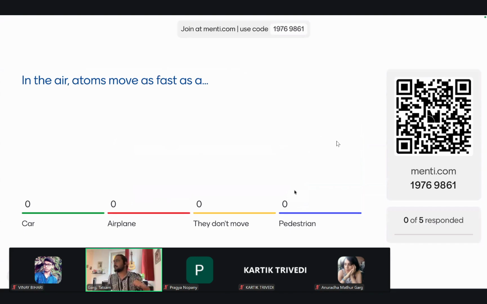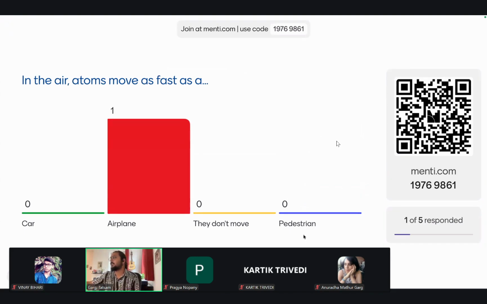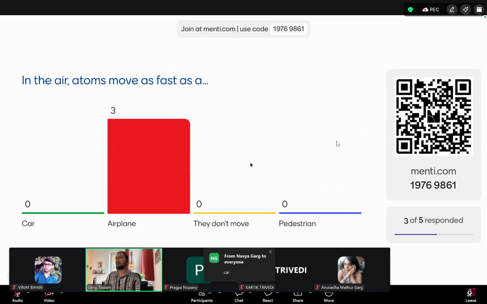Okay. Now, is everybody confident at this point how it works? Are people just shy? Is that why they don't answer, or is there some technical glitch? I wonder.